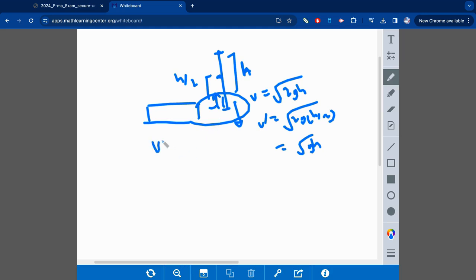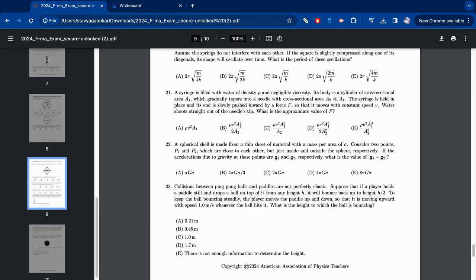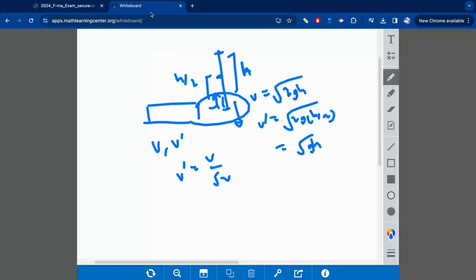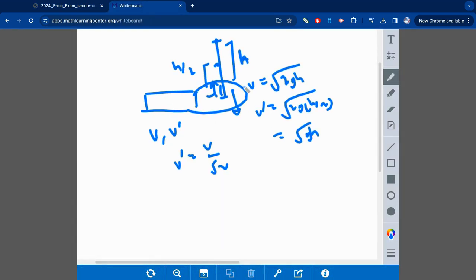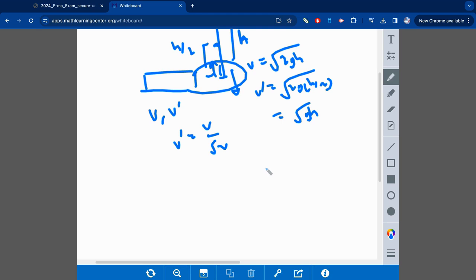So if its initial velocity is v and its final velocity is v prime, then v prime equals v over root 2. And this is all in the reference frame of the paddle, which means that even if the paddle is moving, we can still use the reference frame of the paddle to determine that the speed of the ping pong ball in that frame is going to decrease by a factor of root 2.